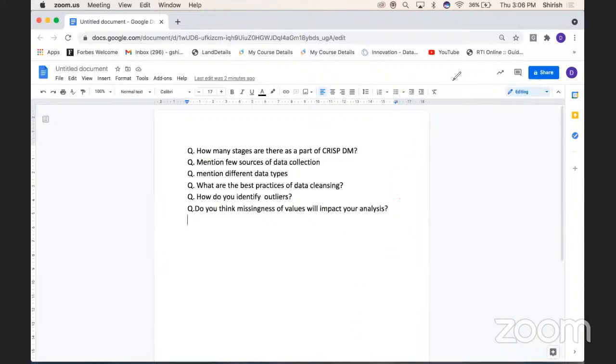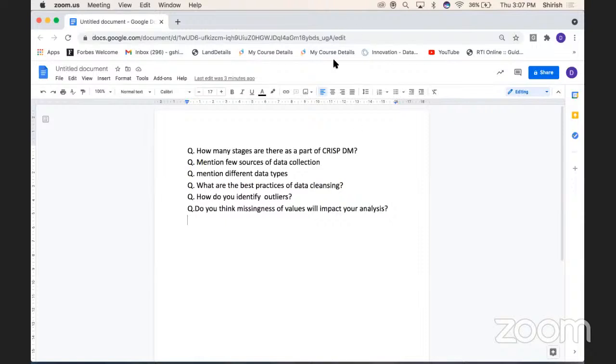Then how do you resolve this issue of missing values? Is there any need to impute the data? Of course, yes. It's very, very important that you do impute the data.